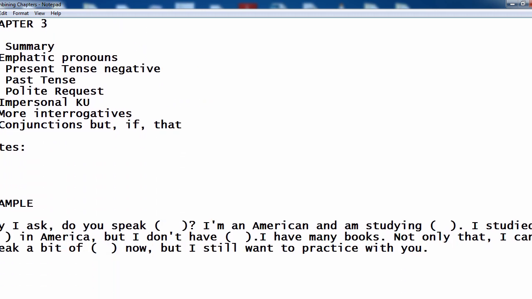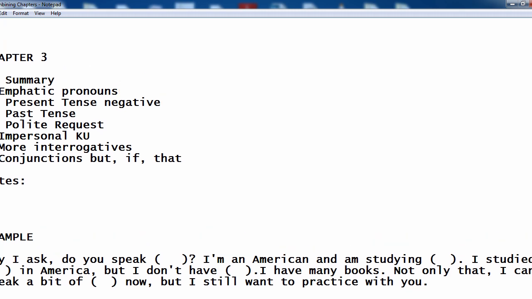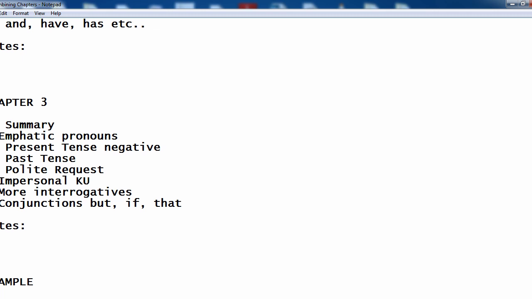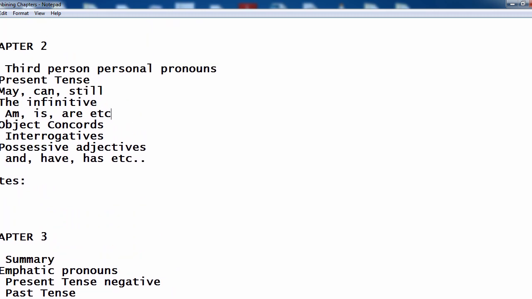Let's see, what's next? I'm an American, and this "and" here, that's part of the conjunctions. They introduced conjunctions in chapter 3, but also normally, because this is part of my method, any conjunction I use that is introduced in any of those chapters, it's already embedded in my brain to use those keywords.